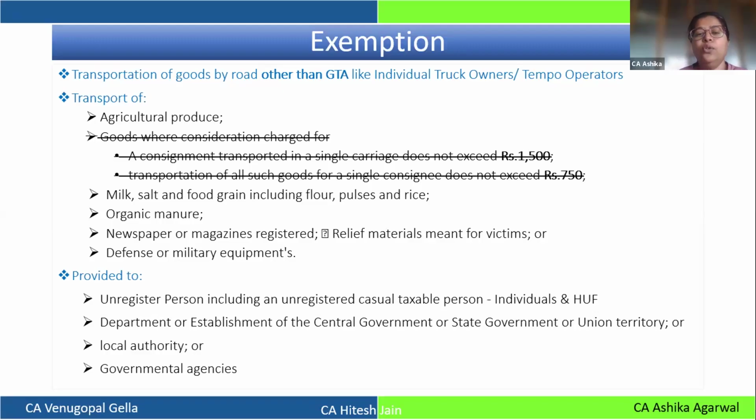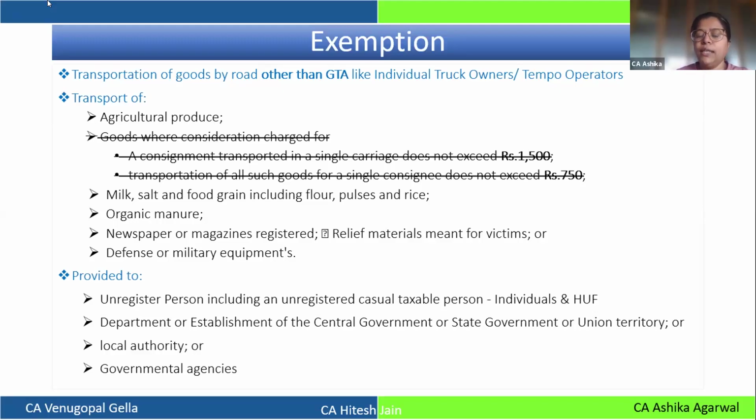Reason being, earlier the notification says that GTA should not charge GST at the rate of 12%. So they were going purely by the term used in RCM, which says that you should not charge 12%. So even though 5% has been charged and collected, officers were insisting, even though you paid to the GTA, it doesn't matter to me, you are liable to pay under RCM. Now it's a welcome move.